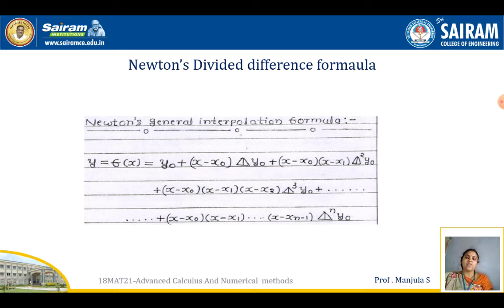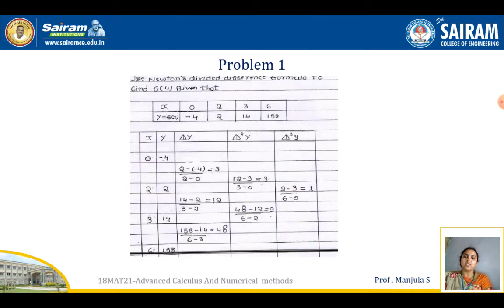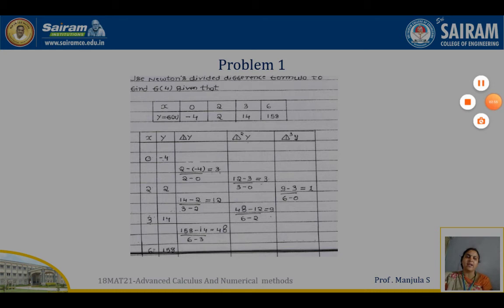This is the formula we use to find the values in Newton's divided difference concept. Now we'll see the problems based on this.